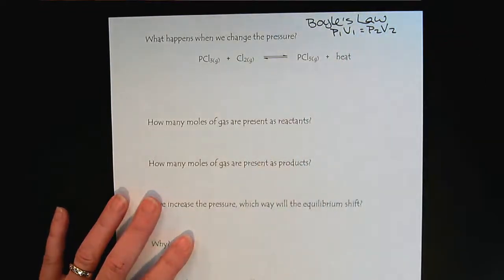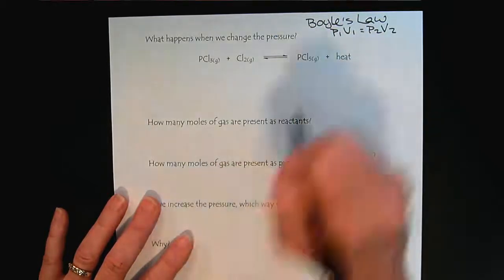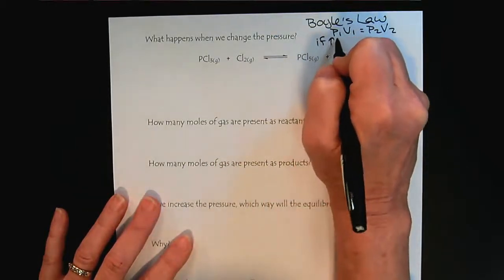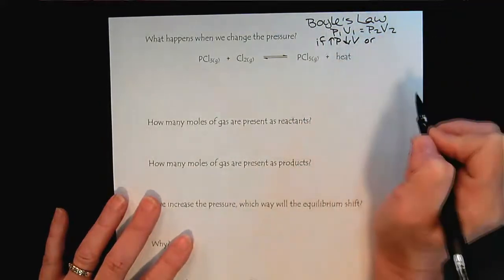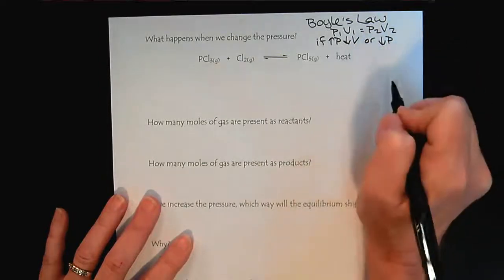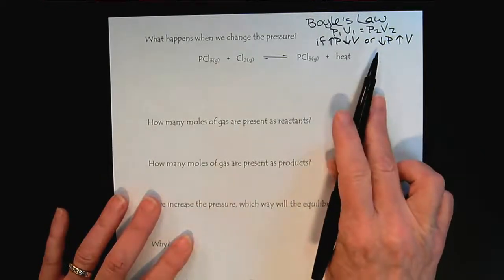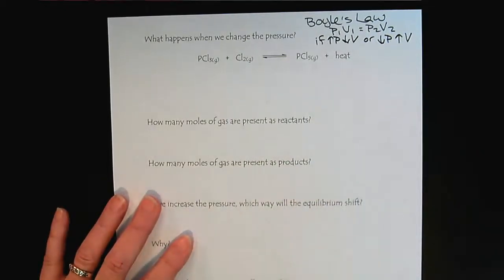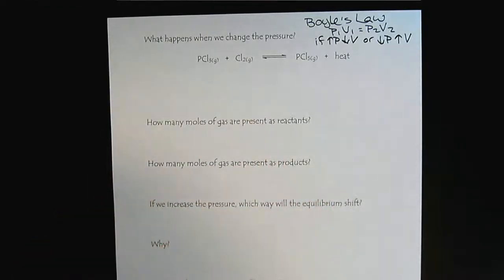If you don't remember Boyle's law, there is a gas law tutorial, but really we don't have to do calculations here. It's about concepts. What Boyle's law tells us is that if we increase the pressure, we're going to decrease the volume, or vice versa. If we decrease the pressure, we will increase the volume. So that's the main concept that we need to bring from earlier chapters to understand the role of pressure and how it impacts equilibrium.